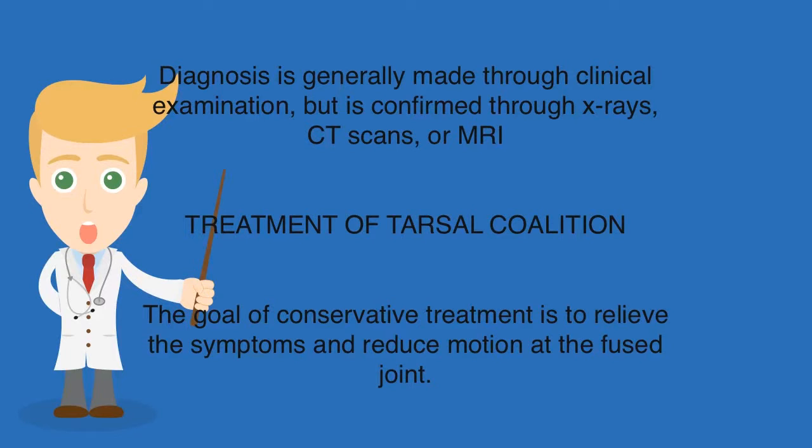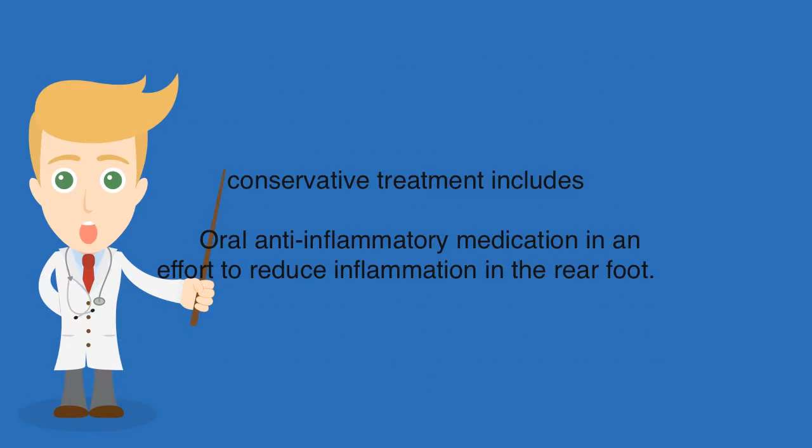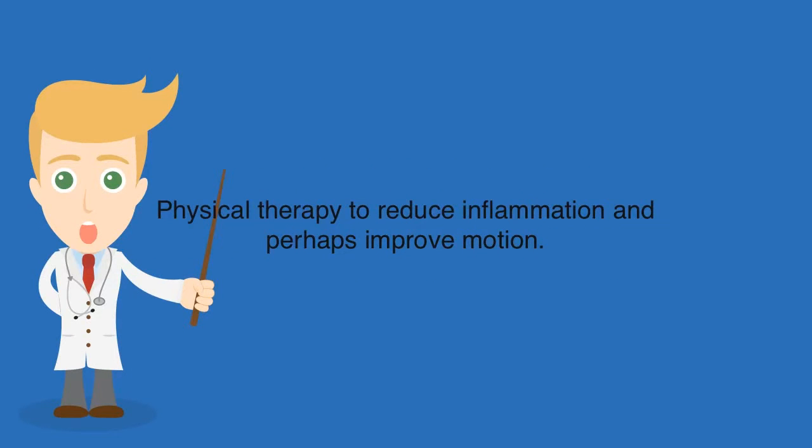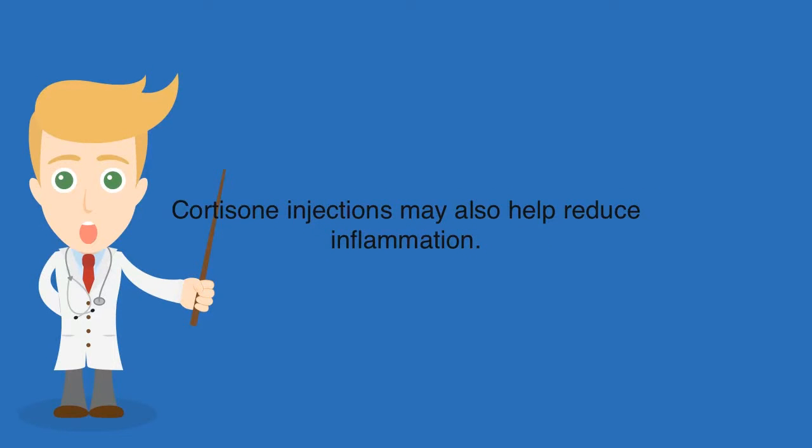Treatment of tarsal coalition. The goal of conservative treatment is to relieve the symptoms and reduce motion at the fused joint. Conservative treatment includes oral anti-inflammatory medication in an effort to reduce inflammation in the rear foot, physical therapy to reduce inflammation and perhaps improve motion. Cortisone injections may also help reduce inflammation.